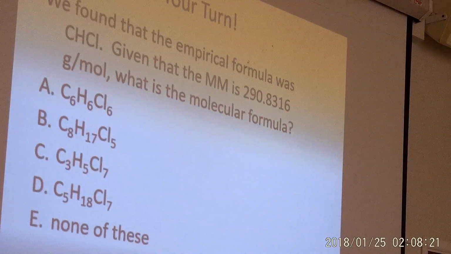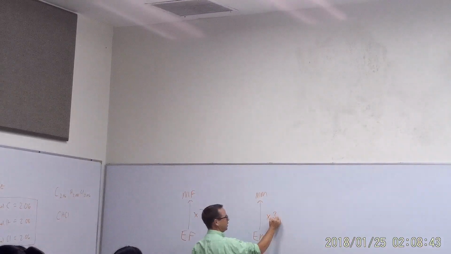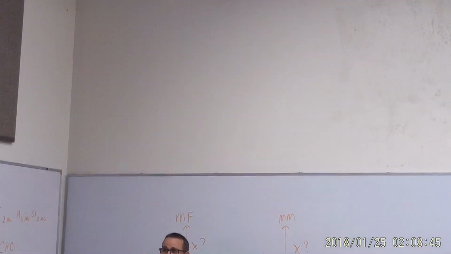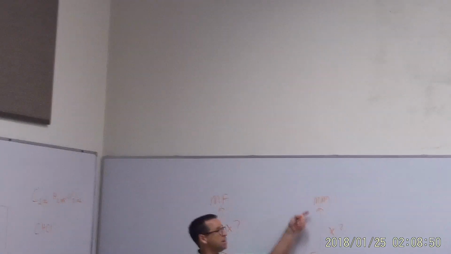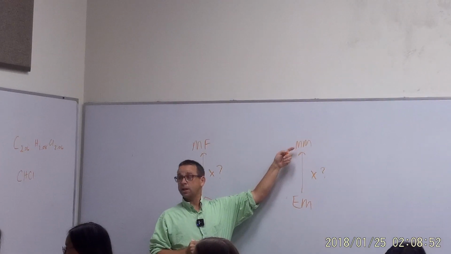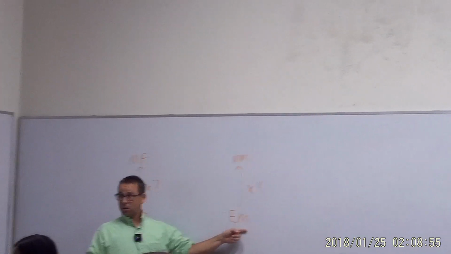We know the empirical formula, and we want to know the molecular formula. See how we've drawn this up here? I know that there's some multiplier between the empirical formula and the molecular formula. And that same multiplier exists between the molecular mass, MM, and the empirical mass.